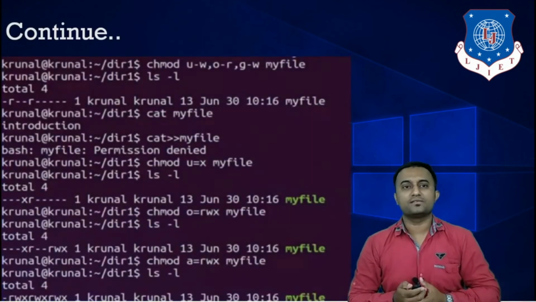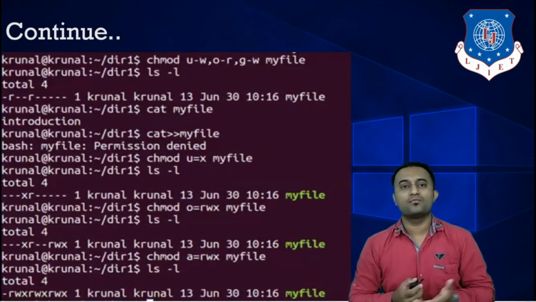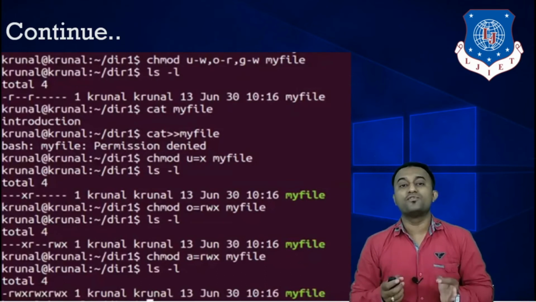Fine. Now the next one: there are so many options we have with the help of the chmod command in terms of symbolic mode. So chmod u-w: w is nothing but write permission, u is nothing but user, o is nothing but the others, and g is nothing but group of users.